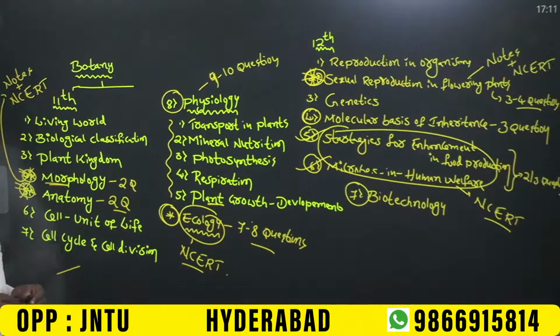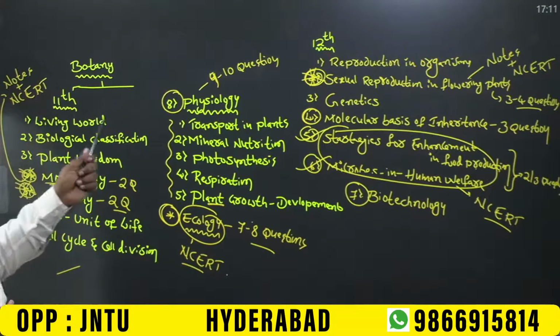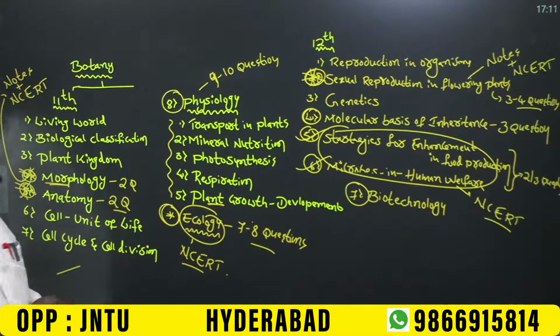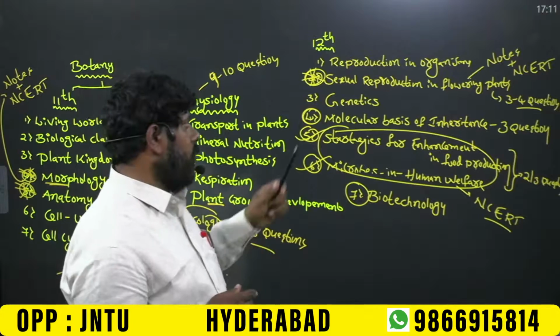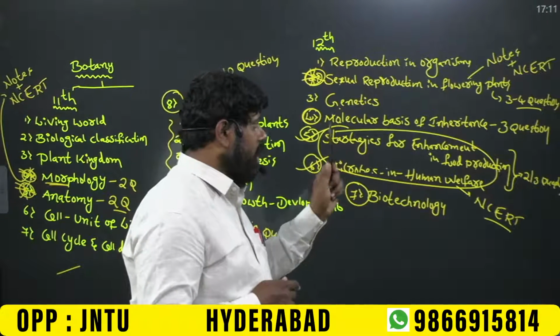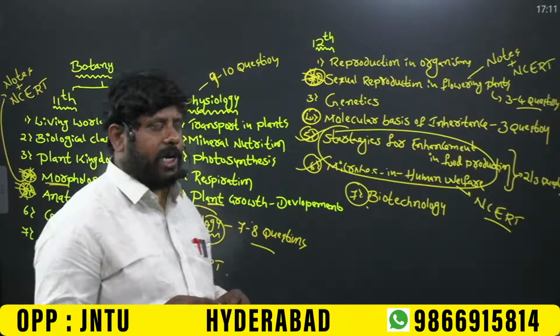Hope each and everyone got an idea about the topics where we have to focus. In first year you have to focus more on physiology and ecology. And in second year you have to focus on sexual reproduction, genetics, molecular basis and biotechnology.